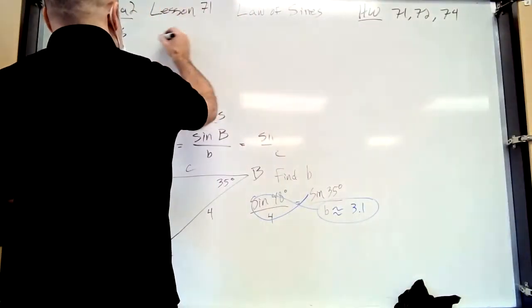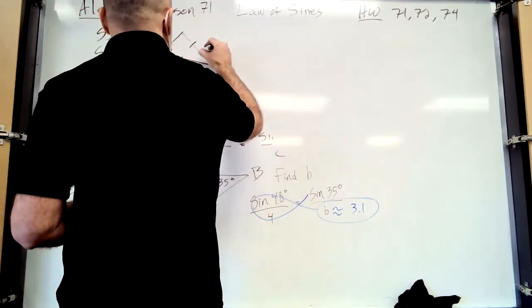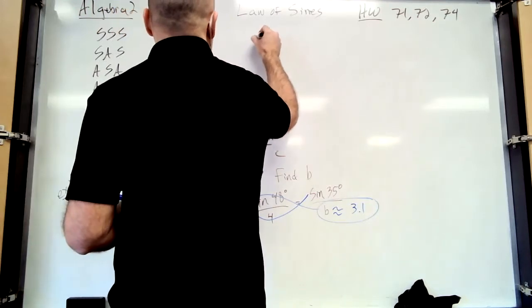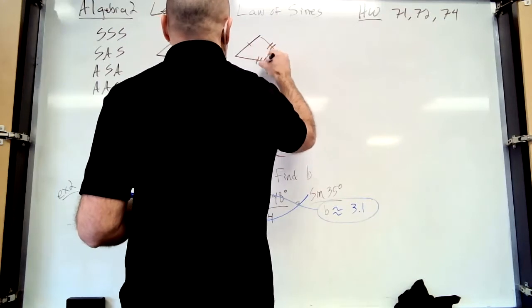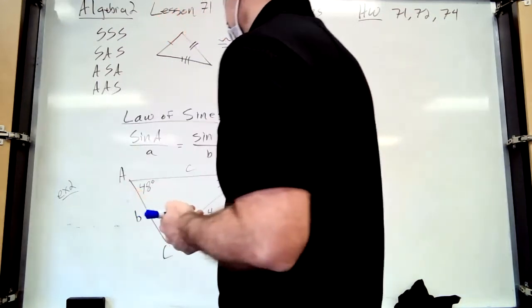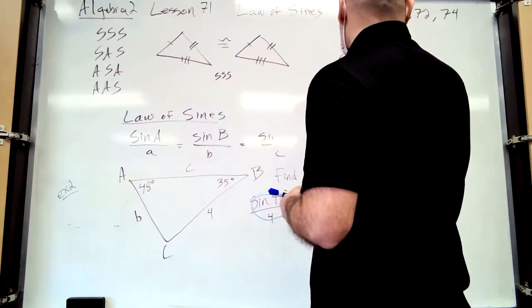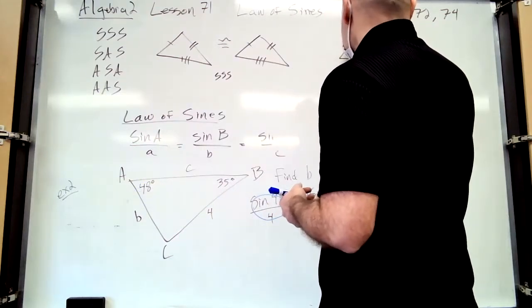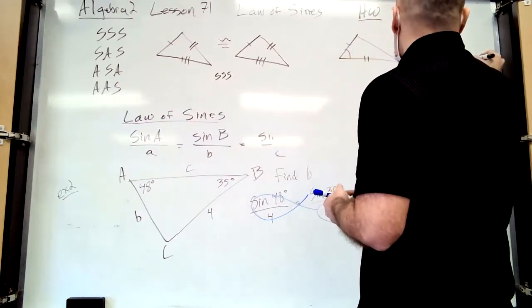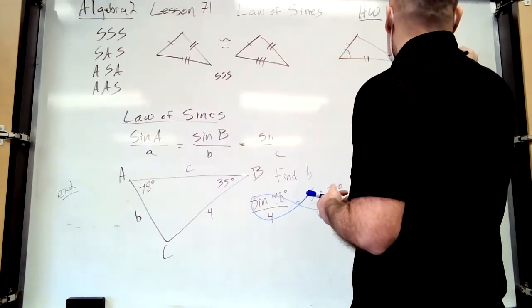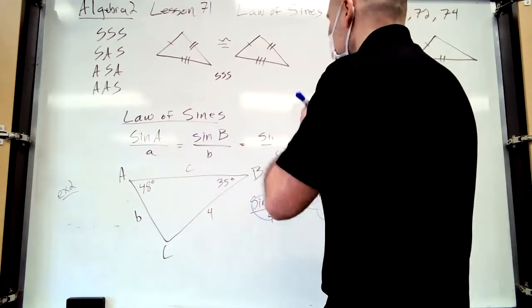So remember that SSS means if you can prove that all the sides in one triangle are congruent to all the sides in another triangle, then these are congruent. That's SSS, right? SAS is if you can prove that one of the sides and its included angle are congruent to one of the sides and its included angle in another triangle, then that's SAS.